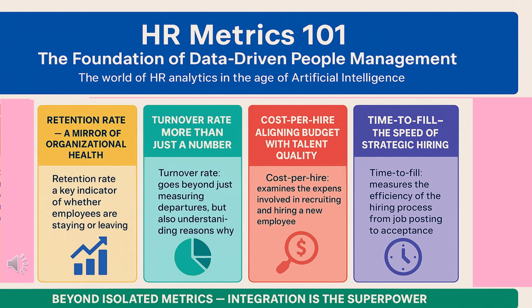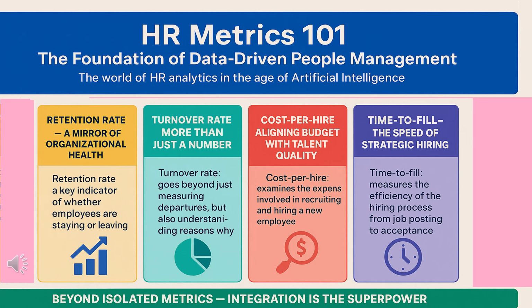These metrics, retention, turnover, cost per hire, time to fill, are each powerful alone. But when combined and interpreted through AI analytics platforms, they become predictive. That's where transformation begins. Imagine this chain. High cost per hire plus long time to fill equals an inefficient recruiting funnel.